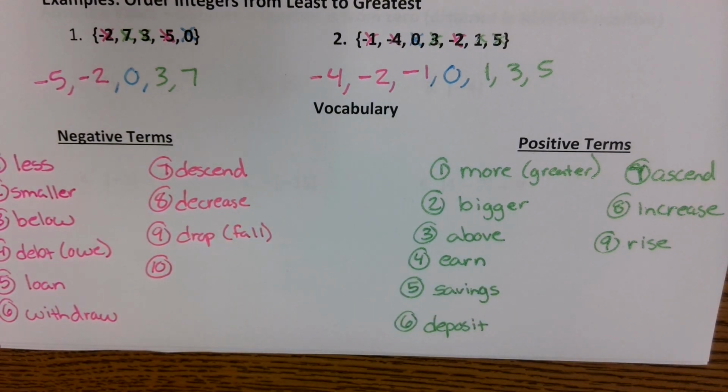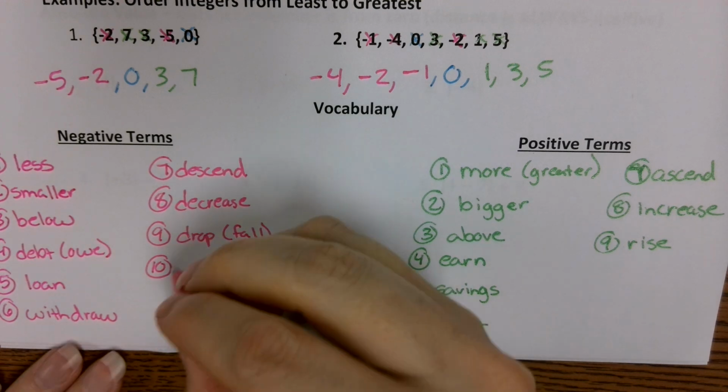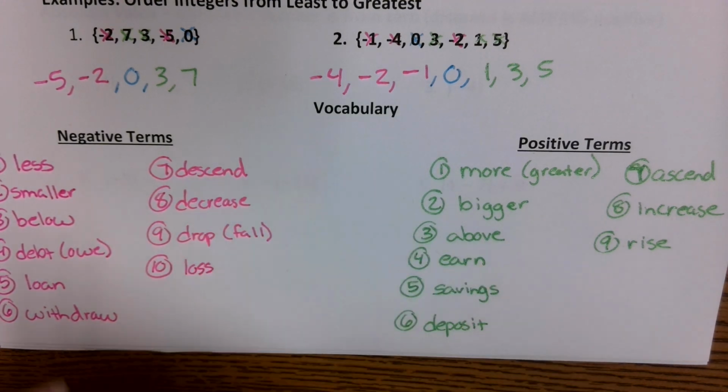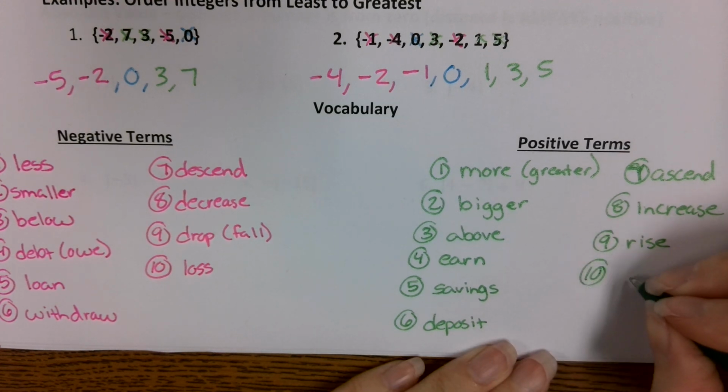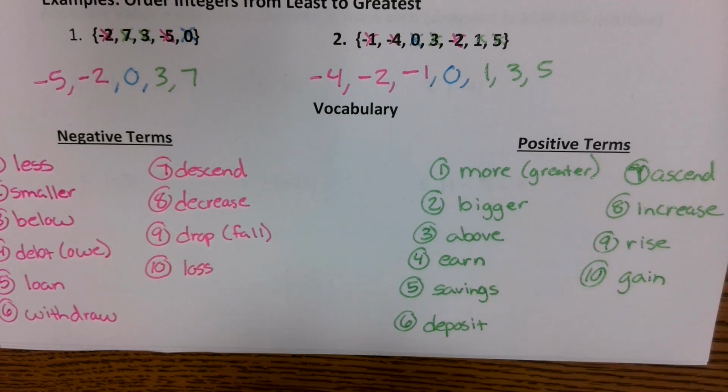We're my football fans. We hate it when our team has a loss of yardage, right? We don't like it when it has a loss. But when we gain yards, it makes us happy.